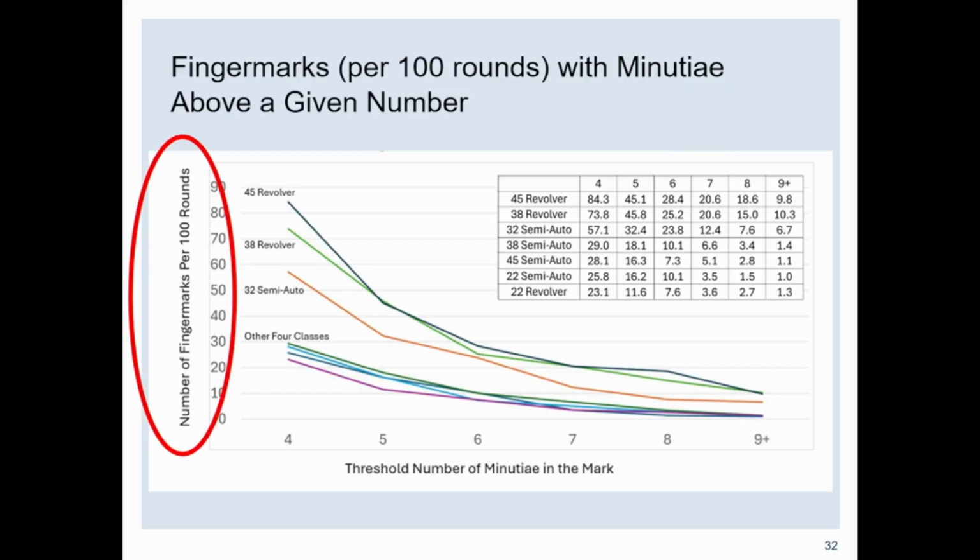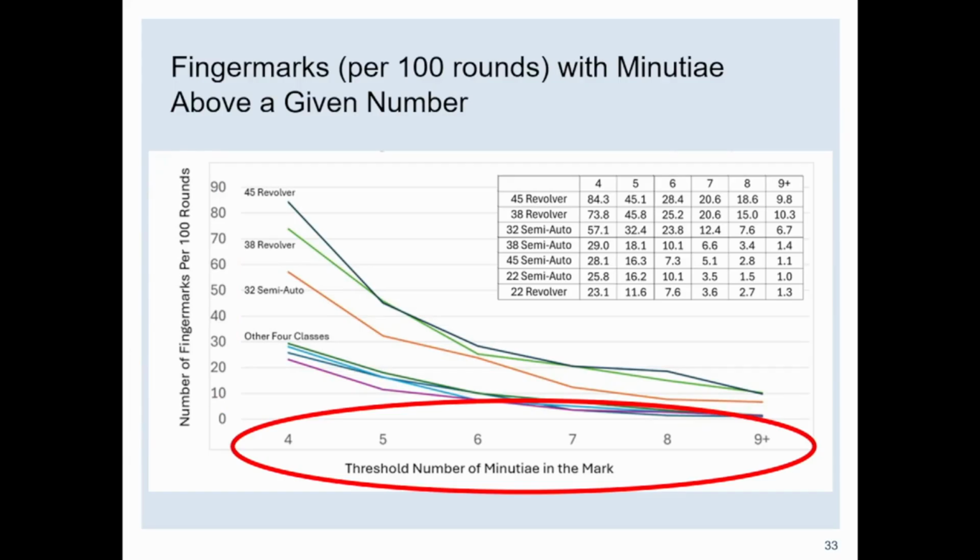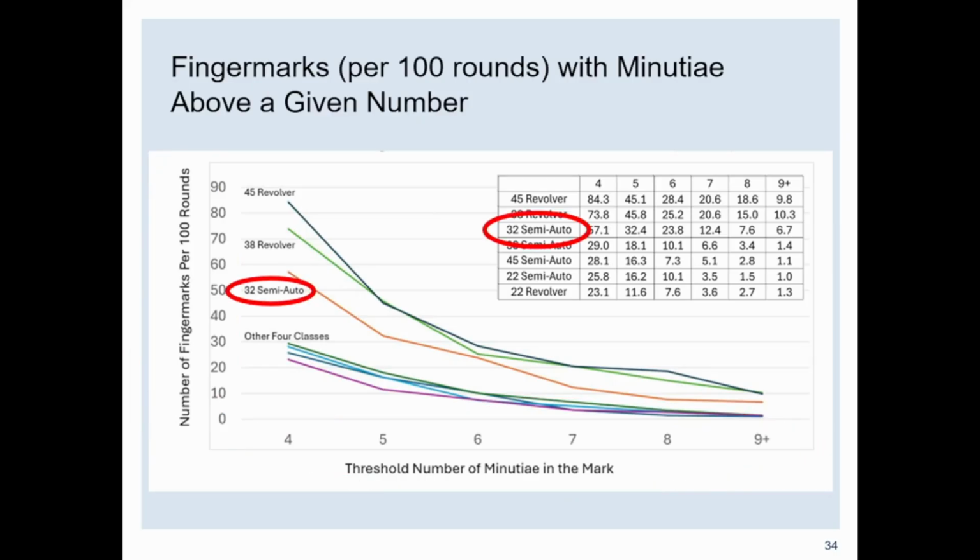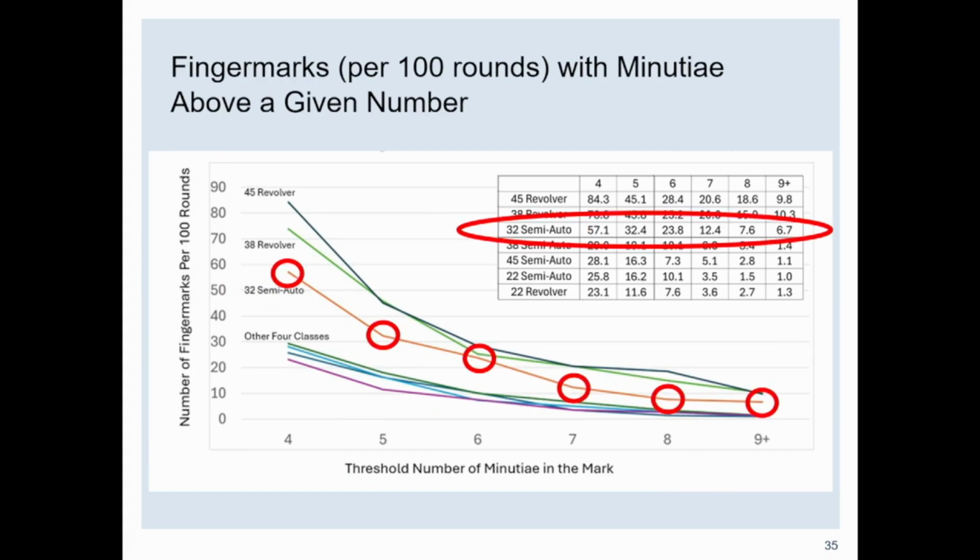Along the vertical scale, we've got the number of finger marks per 100 rounds that are showing a given number of minutiae. So for example, for the 32 semi-automatics here, we've got a range of this many finger marks showed 4, this many showed 5, this many showed 6, and so forth as we go along here. So we're getting percentages of marks.